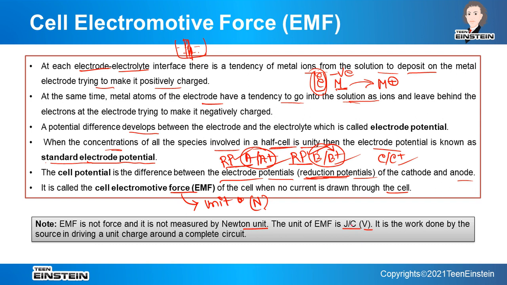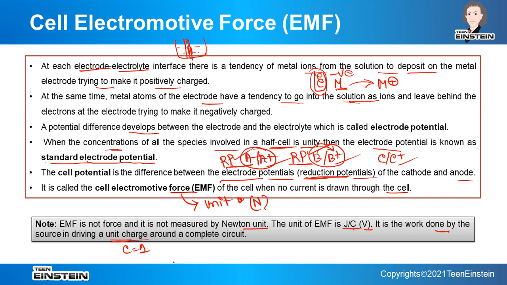So joule per coulomb means coulomb is the unit of charge and joule is the unit of energy, or it may be work done also. So when C is 1, that means J by C, the denominator is 1, the EMF will be directly equal to J. So it is the work done by the source in driving a unit charge. Unit charge means C is 1.